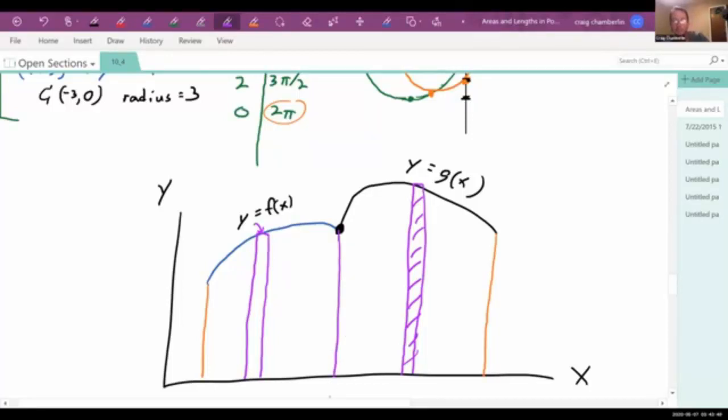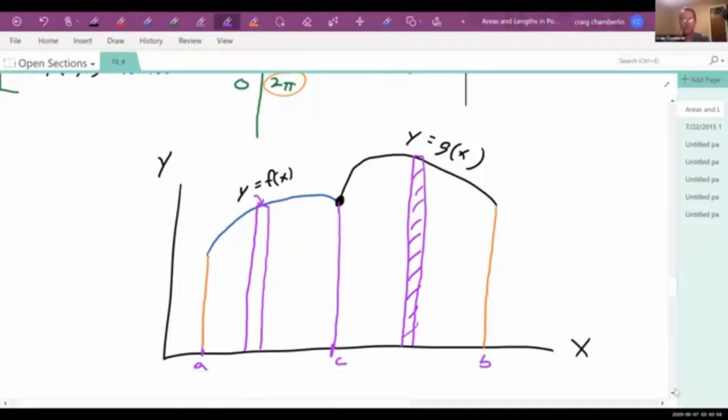So if this were a c value and this were an a value and this were a b value, all values of x, then you'd have one integral from a to c of f of x to represent the area, and then another integral from c to b of g of x to represent the area, and then you'd add them together.